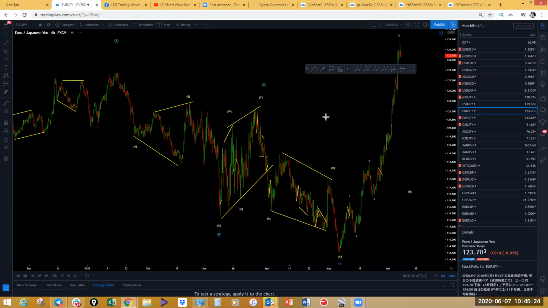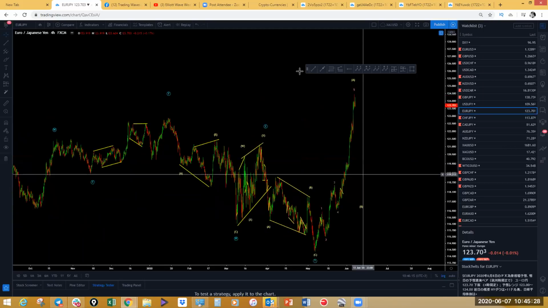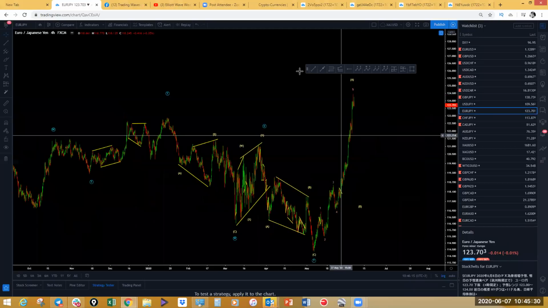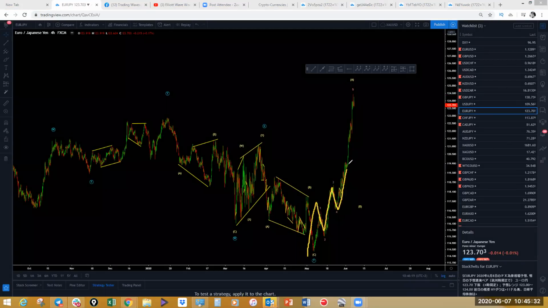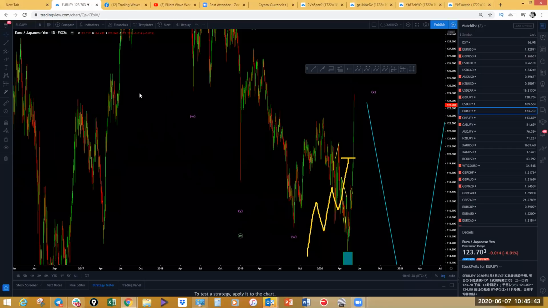Euro yen. Now euro yen structure changes as we're expecting, forecasted only a move here in 5 waves, 1, 2, 3, 4, 5. I was only expecting it to do this before we get a pullback, but it's just gone all the way up. Now, if you want to see why that is happening, structure is very simple on euro yen.